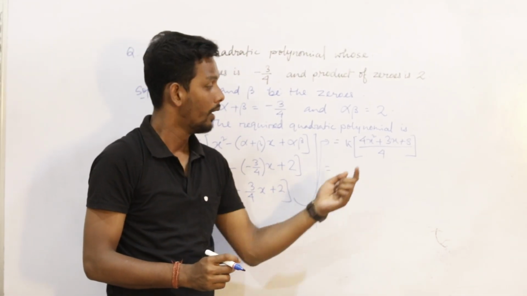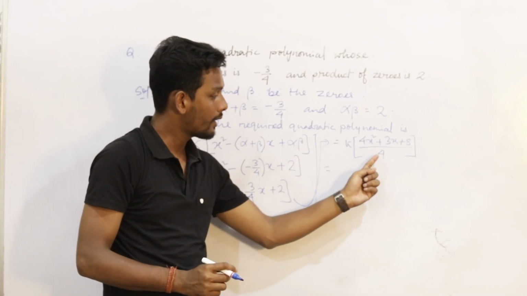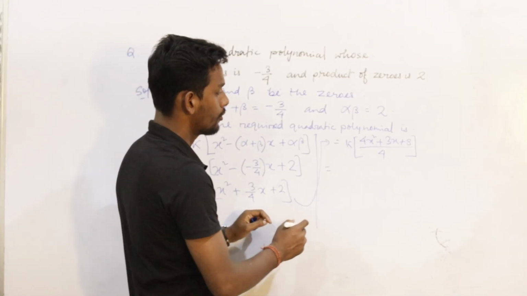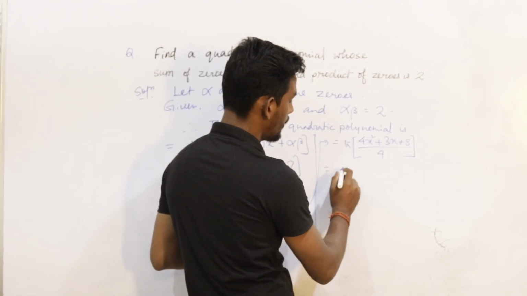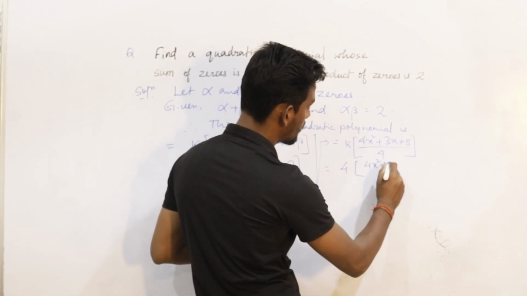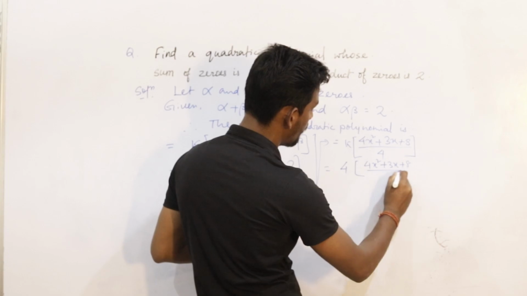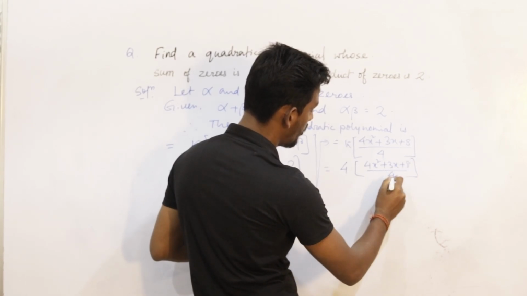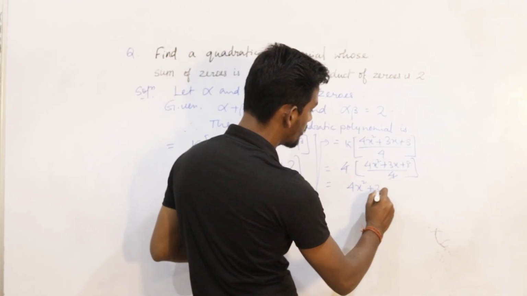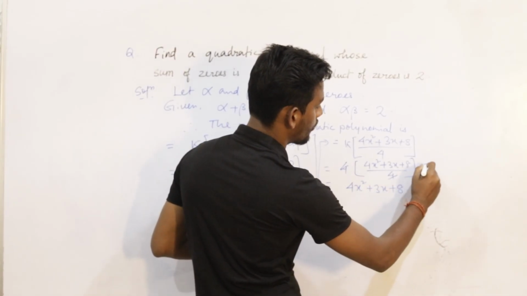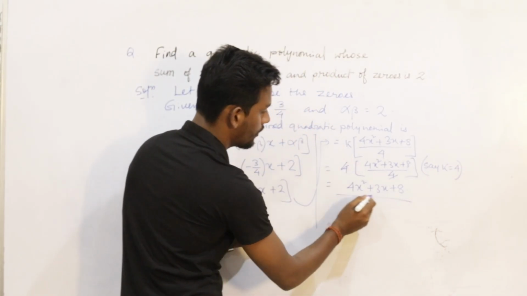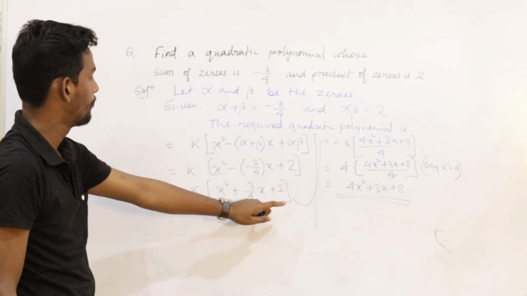How can you remove it? Look at the denominator: the denominator is 4, so we take the value of k as 4. Then what happens? k into 4x square plus 3x plus 8 by 4, this 4 and 4 will be cancelled. The polynomial is 4x square plus 3x plus 8. Here you only have to write k equal to 4, and this is the required quadratic polynomial.